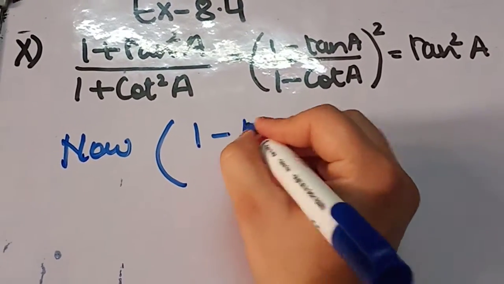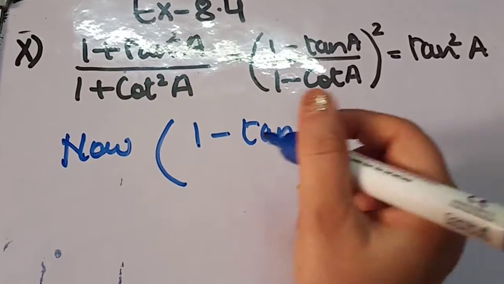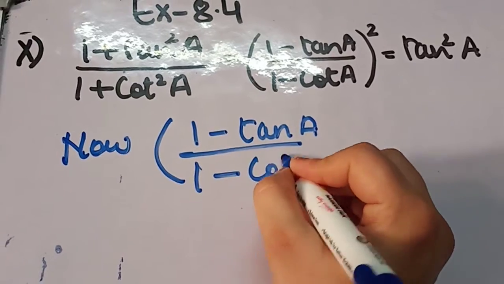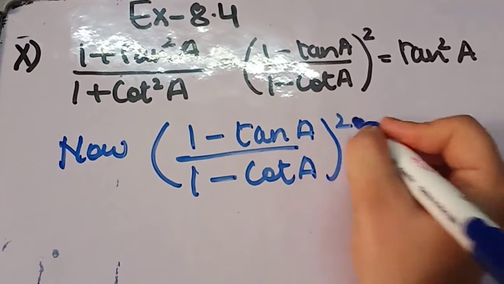Now this center term, that is, 1 minus tan A upon 1 minus cot A, whole square.